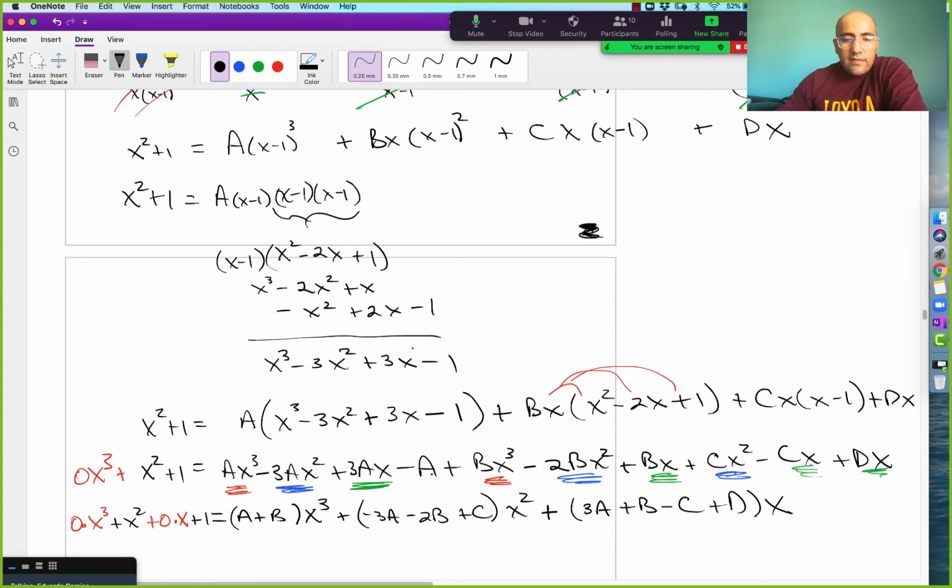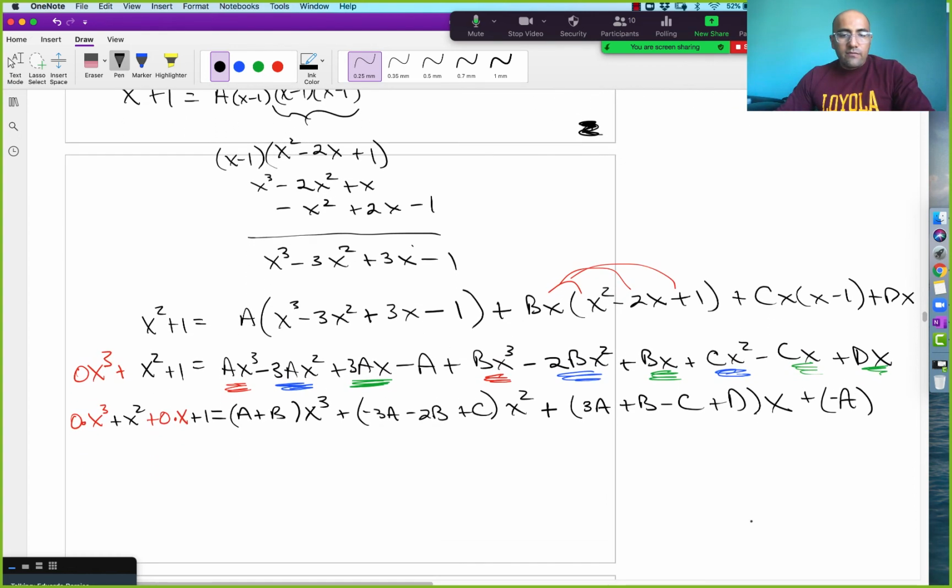Good. And then finally the constants. So there is a minus a, so plus minus a, and that's it. Yep. It's the only one that survives as a constant with no other power of x. Good. So hopefully I did that right.